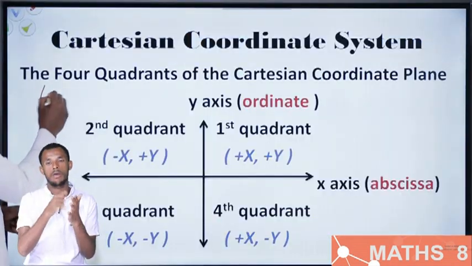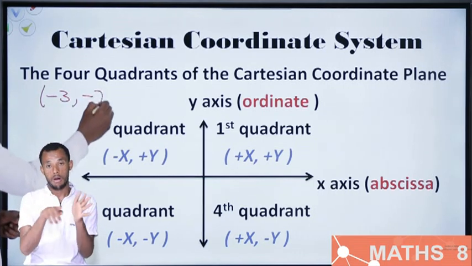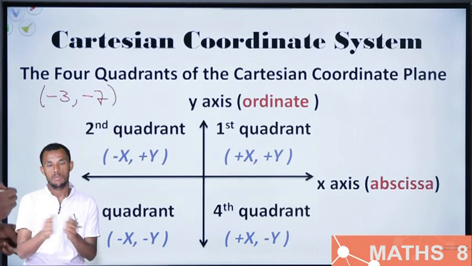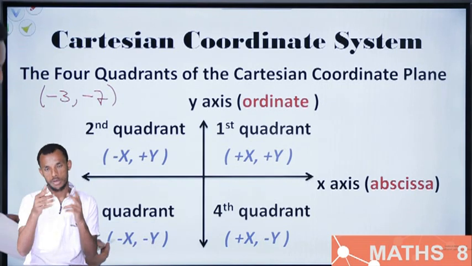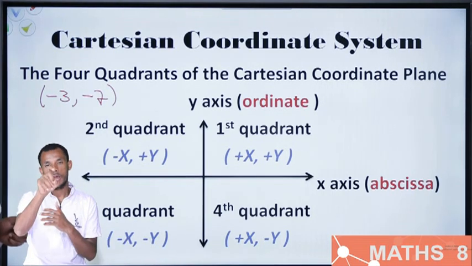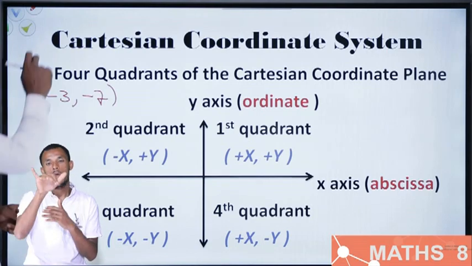Therefore this point lies in quadrant 2. If both were negative, the point would lie in quadrant 3 because the value of x and the value of y are negative.